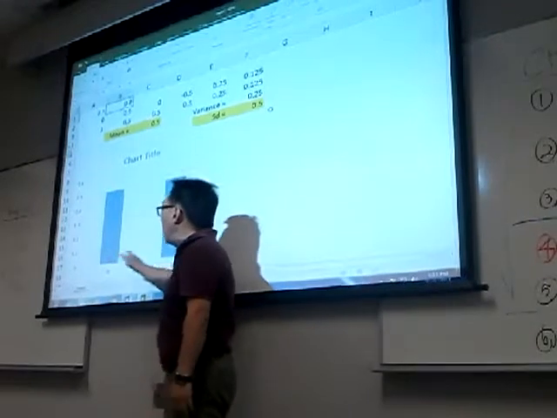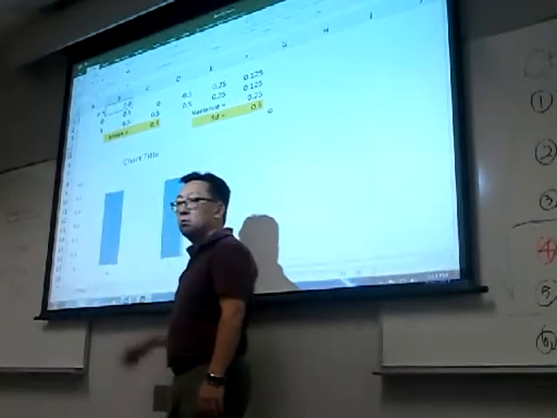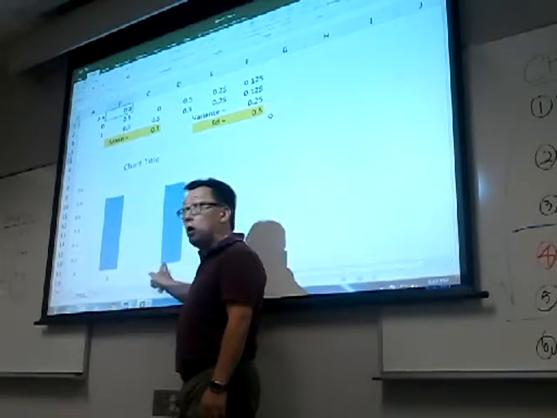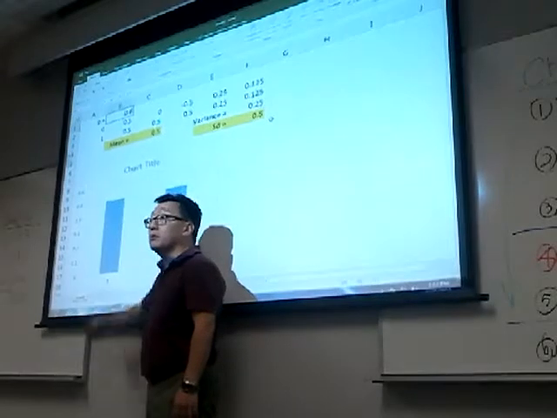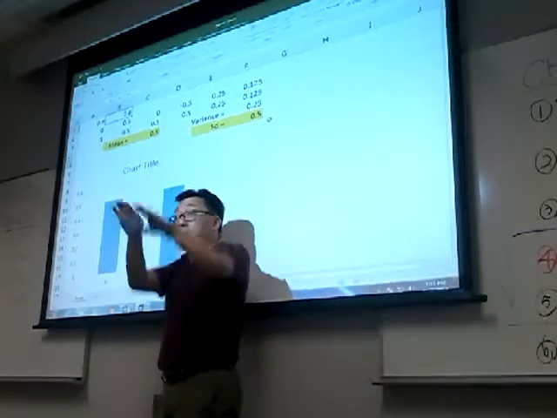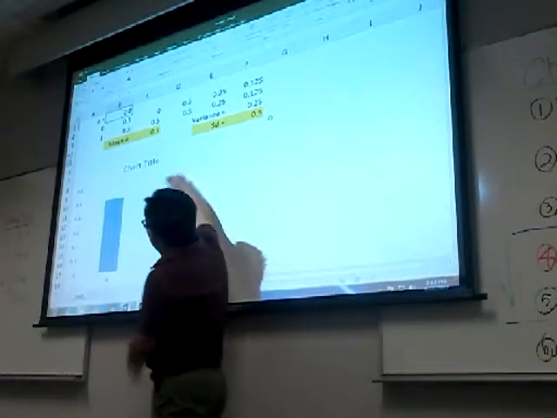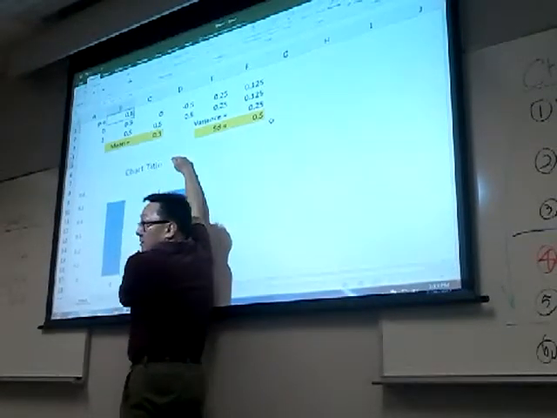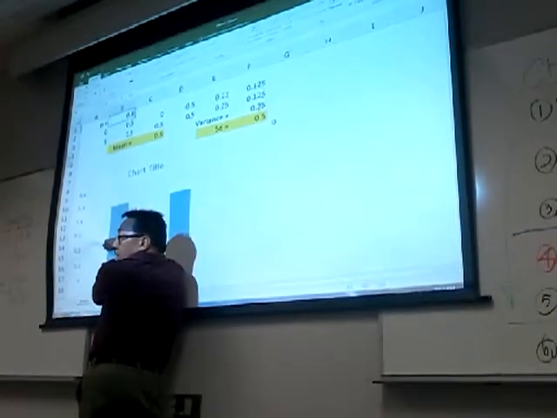Which one will be 0.8, 0 or 1? 1 will be 0.8. Then how much will be 0? 0.2, the other one, right? So we can expect here is 0.8 and here will be 0.2, right?